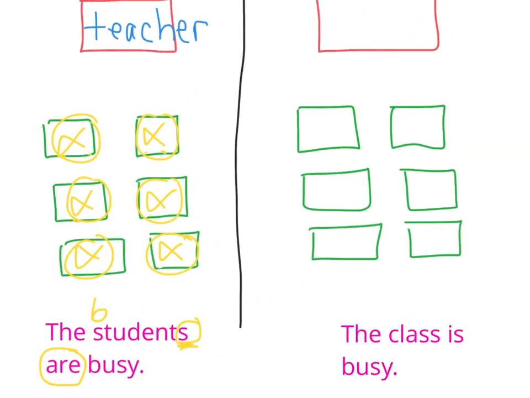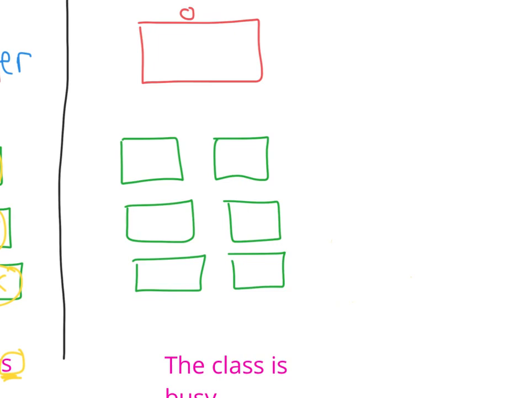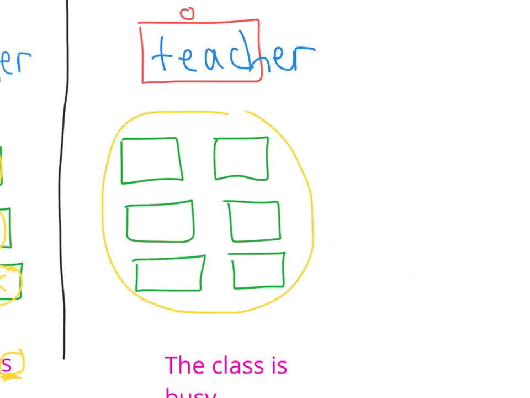But let's look at the same class. Here it is, over here. And we have our teacher. But here, we're not going to count the students in the class. We're going to say the class. We are turning these 6 students into one group. So we are not counting 1, 2, 3, 4, 5, 6 students.